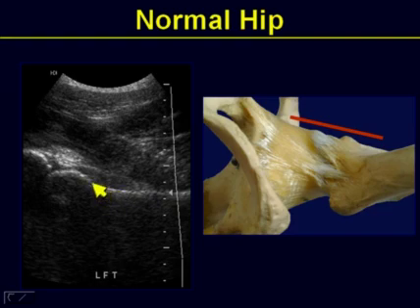Then at the transition between the femoral neck proper and the convexity of the femoral head, you have the subcapital line. As you go cranially now, you approach a signal void or echo void here, representing the joint space, and finally you get to see the bony acoustic landmark of the acetabulum.